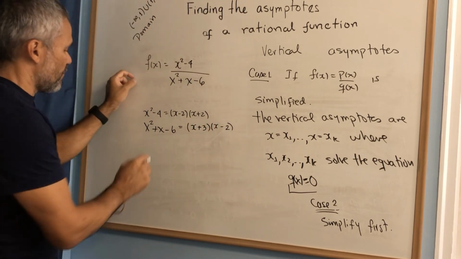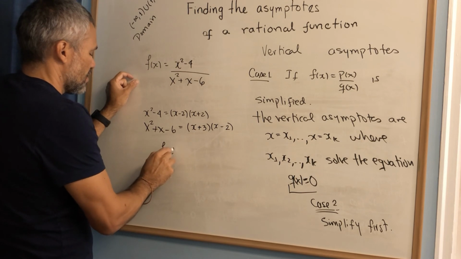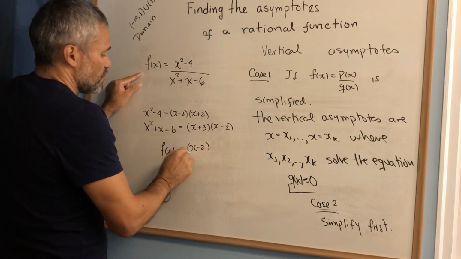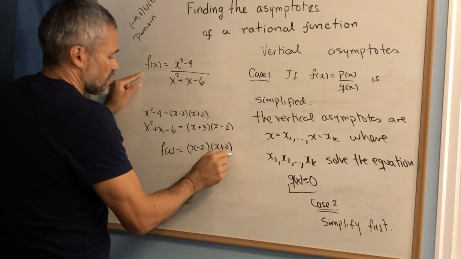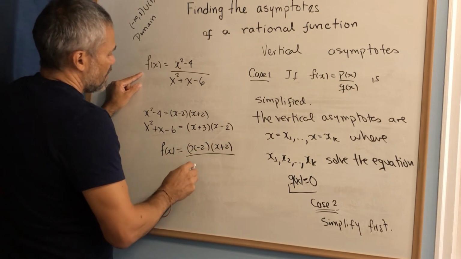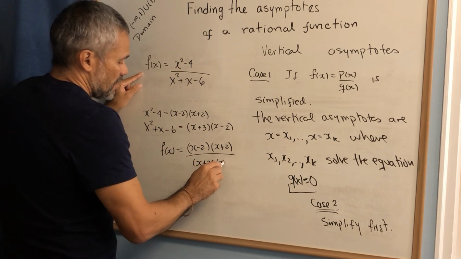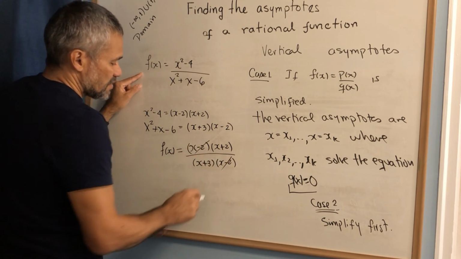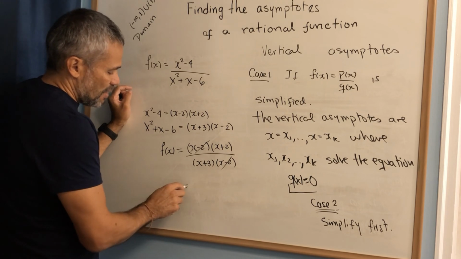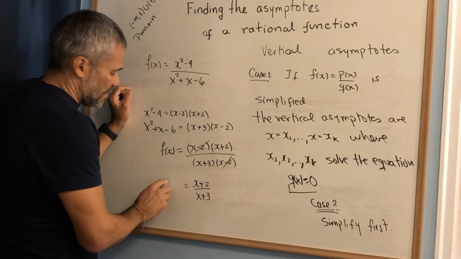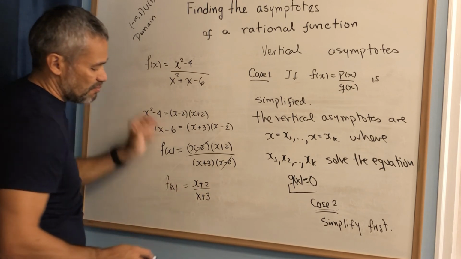That means that the function f of x is x minus 2, x plus 2 over x plus 3, x minus 2. These two cancel out. And then we have x plus 2 over x plus 3. This is the function already simplified.